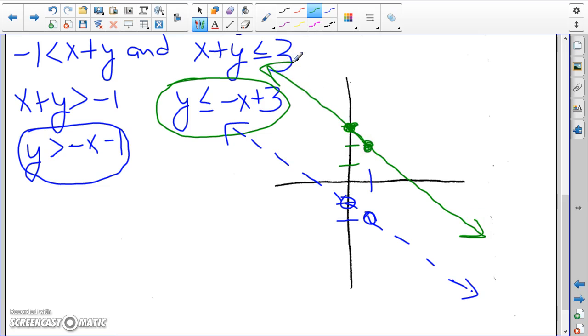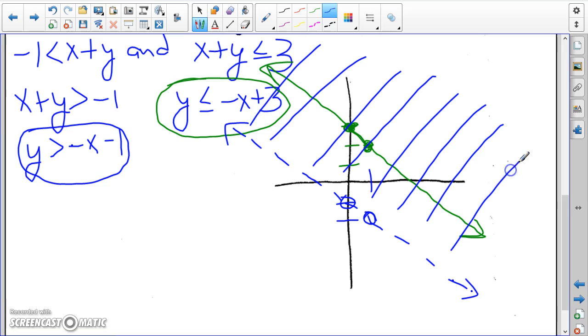Alright, now we have to decide where do we shade. Okay, so for the blue dotted line, I'm saying greater than. We should be shading above. Okay, so that would be all of this region, including the green line. Then y less than or equal to says we're going to shade below the green line.